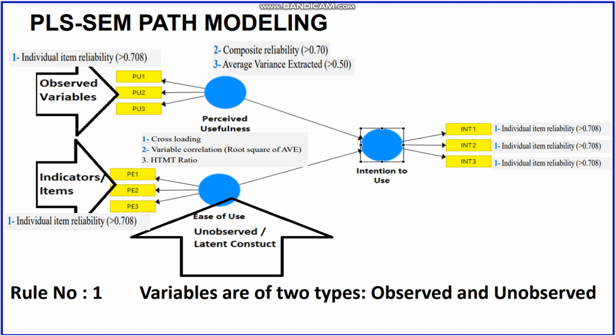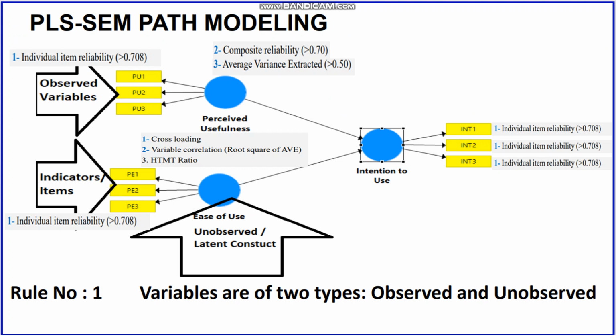When you talk about composite reliability greater than 0.70 and AVE greater than 0.50, this will be calculated for individual constructs. So perceived usefulness, ease of use, and intention to use, you have to calculate for each.